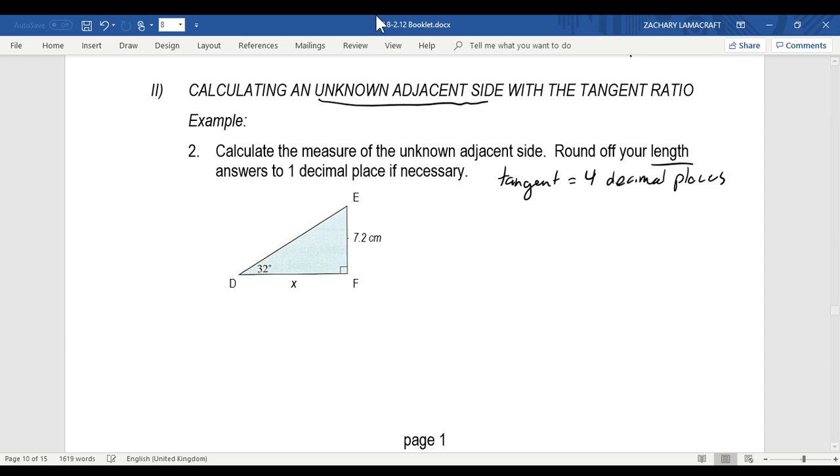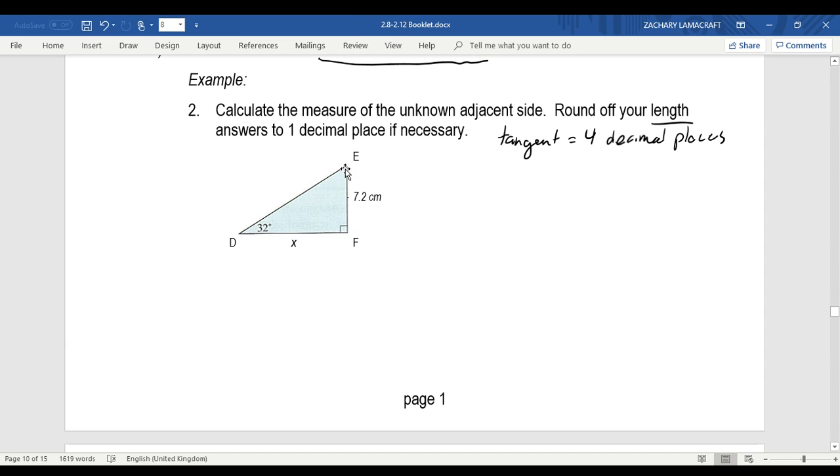So we've got triangle DEF. What is our angle in question here? Or what is the angle that we have? Yep, exactly. Angle D, or 32 degrees, is our angle that we know. So by looking at this triangle, what side is our opposite? What side is our hypotenuse?